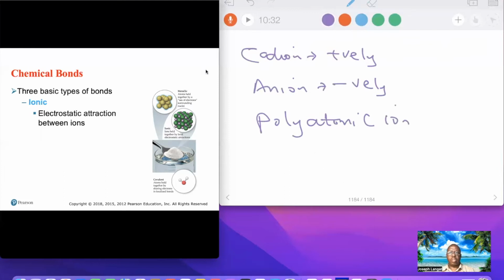So a strong electrostatic force of attraction between these ions, what is holding the ions together, is ionic bond.